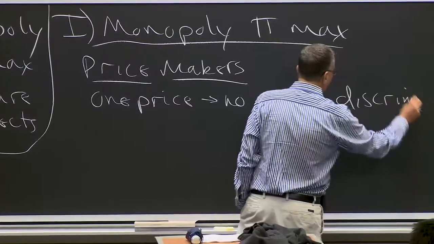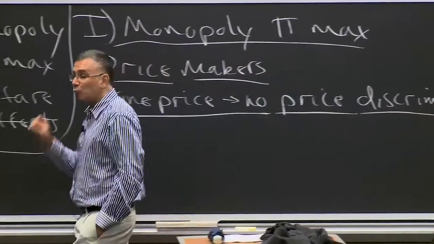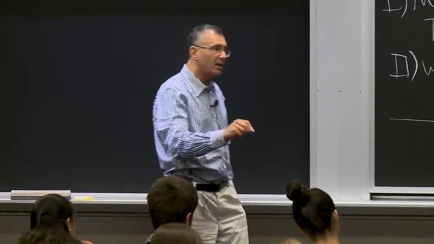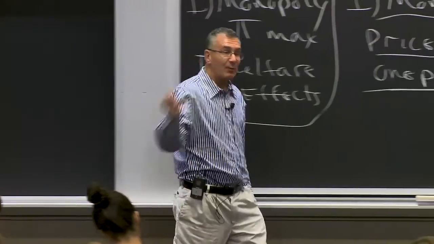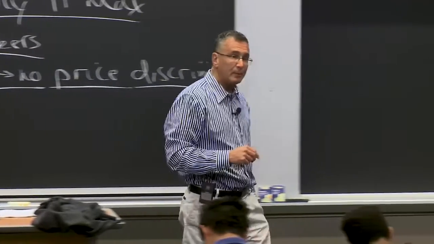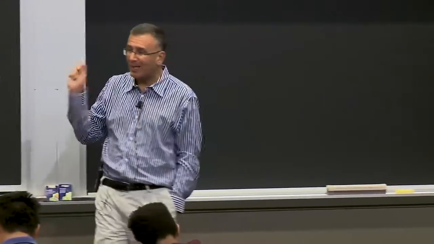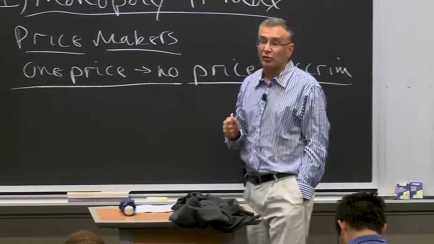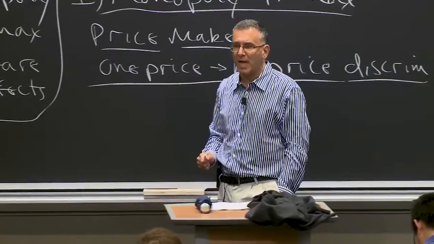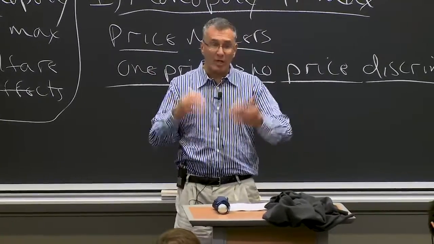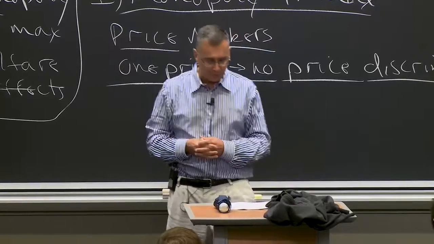This monopolist sets the price, but he sets one price for everybody. So if a monopolist is selling a good, they sell it at one price to everybody who buys the good. Once again, this is not super realistic. Monopolists often have different prices for goods, but it's a very important, helpful extreme. Remember that we're imposing this constraint because it's going to drive the intuition I'm going to come to next. So you're a firm selling a good at one price. You offer it up, and anybody can buy it at that price.